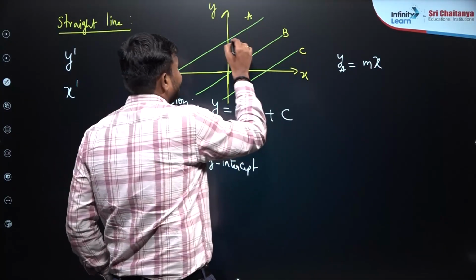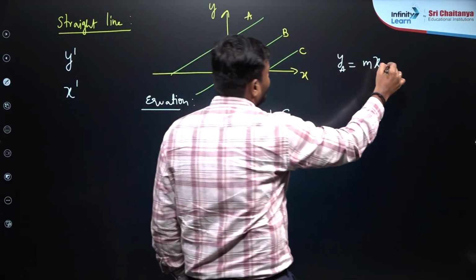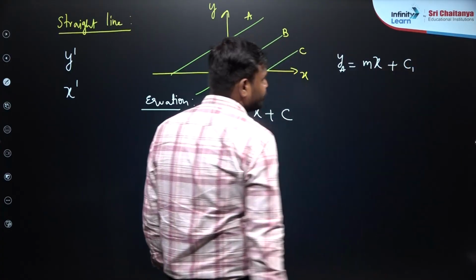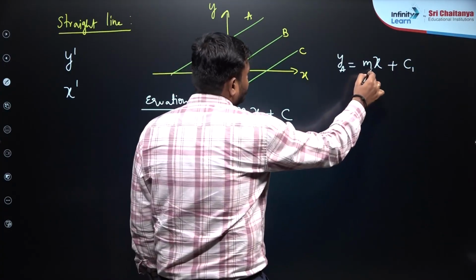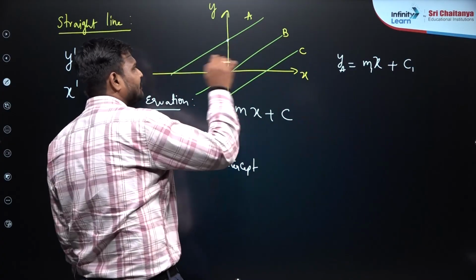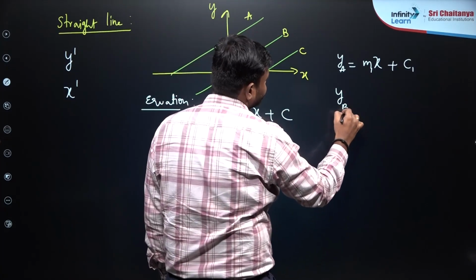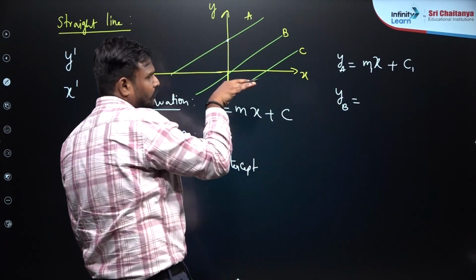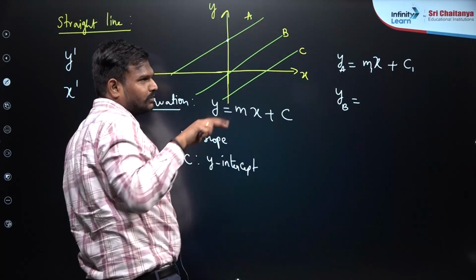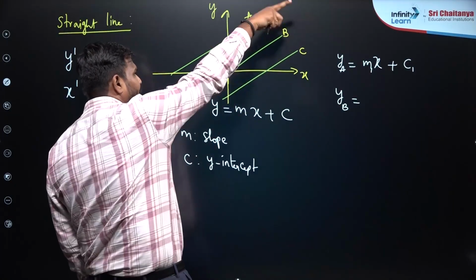So here intercept is positive, so plus c, y is equal to plus mx plus c for the first line. Whereas the second line, slope is positive, sir, because it is difficult to ride a bicycle on this.